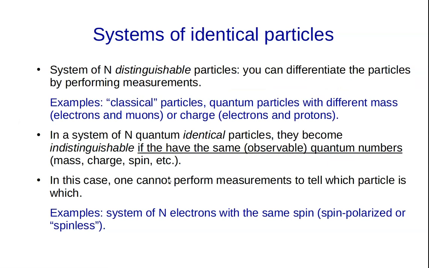You cannot perform a measurement to tell which one is which. Essentially, they have the same observable quantum numbers. So a system of n electrons with the same spin, so they're all spin polarized, or sometimes we call them spinless, is an example of that. They are in the same quantum state, same energy, same everything. You cannot tell which one is which.